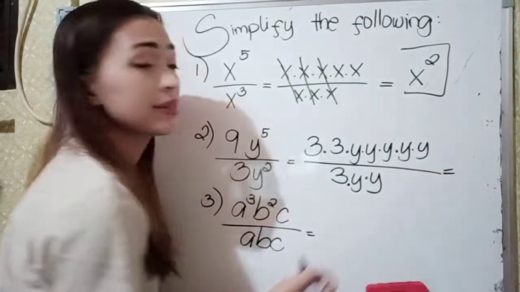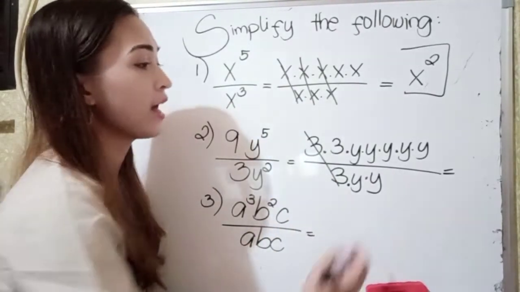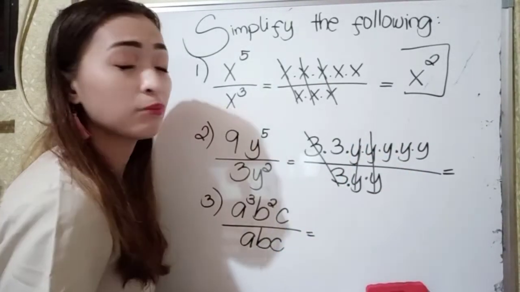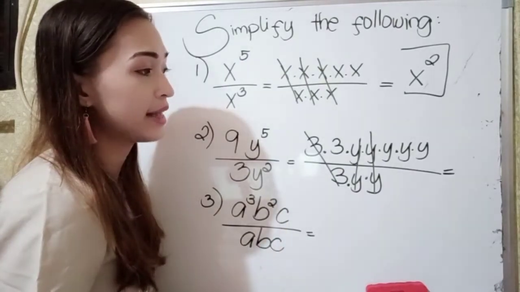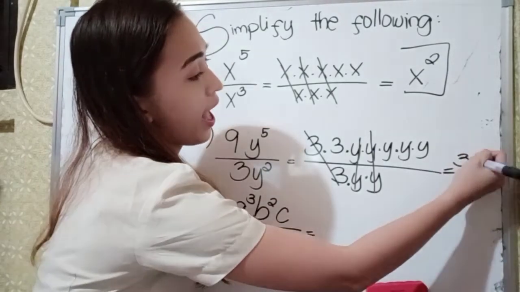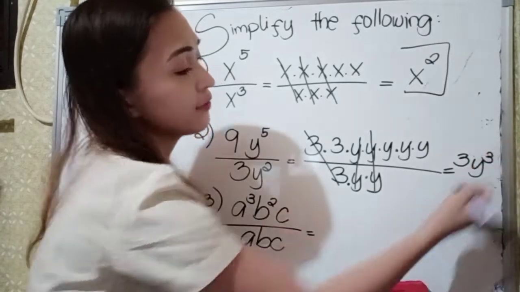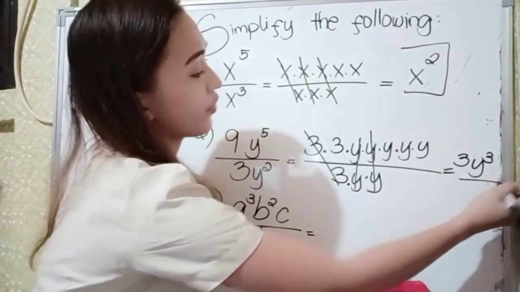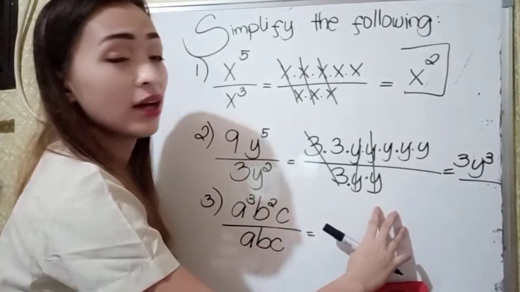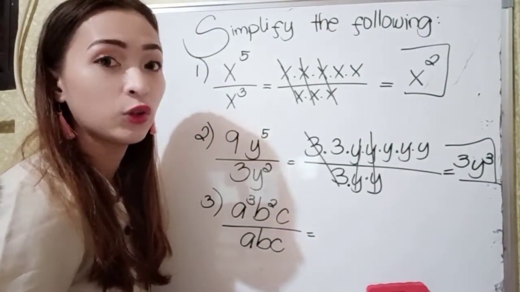Now let's divide. 3 divided by 3 is 1, so that is canceled. y divided by y is 1, so that is canceled. y divided by y is also 1, so that is also canceled. What we have in the numerator is just 3 and y, but how many y's? We have 1, 2, 3. That's why we have 3y cubed. Since we don't have any value in our denominator, our final answer is 3y cubed.